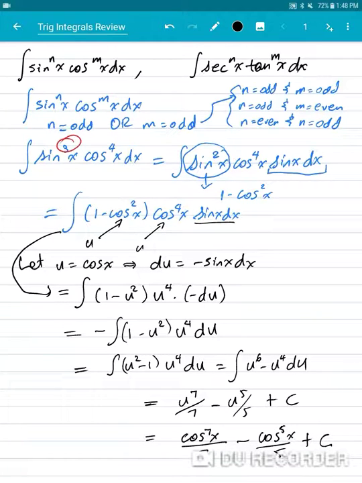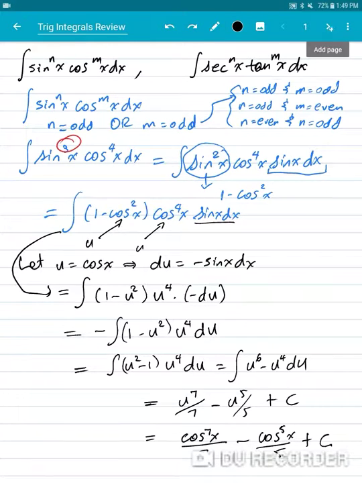That would be the integral of sine to the power of 3x cos to the power of 4x dx. We took advantage of the fact that the power of the sine is odd. And if the power of the cosine is odd, what we will be splitting off is a cosine function.